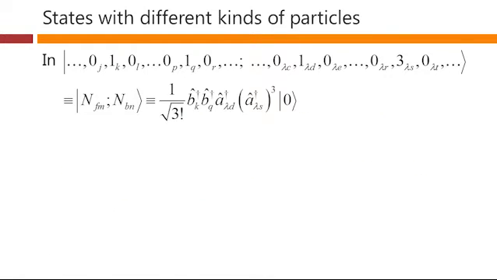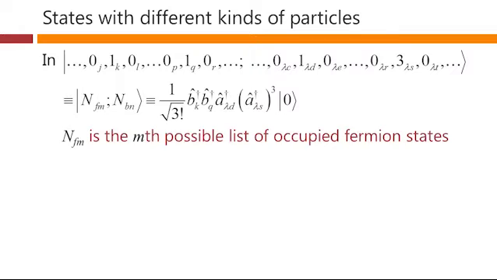So in this notation we've just written down for this state, we could say that NFM is the mth possible list of occupied fermion states. That is, we imagine we could write down all sorts of lists of occupations of different fermion states, and we could give those an index, which we could call M, and this would just be one particular one of the possible lists of occupied fermion states we could write down.